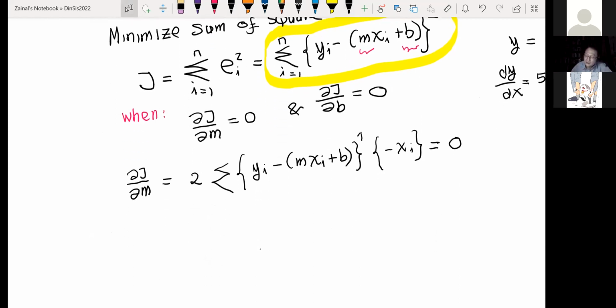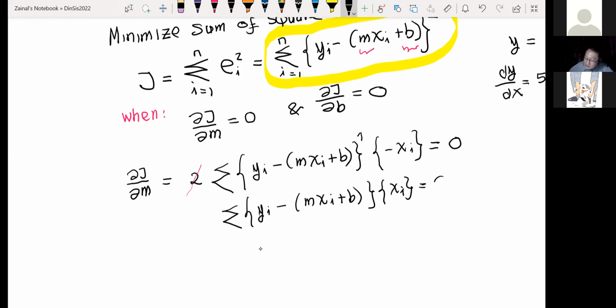Because it is equal to 0, you can forget about the 2 and the minus, so what you have is sigma of yi minus mxi plus b, multiplied by xi, is equal to 0.